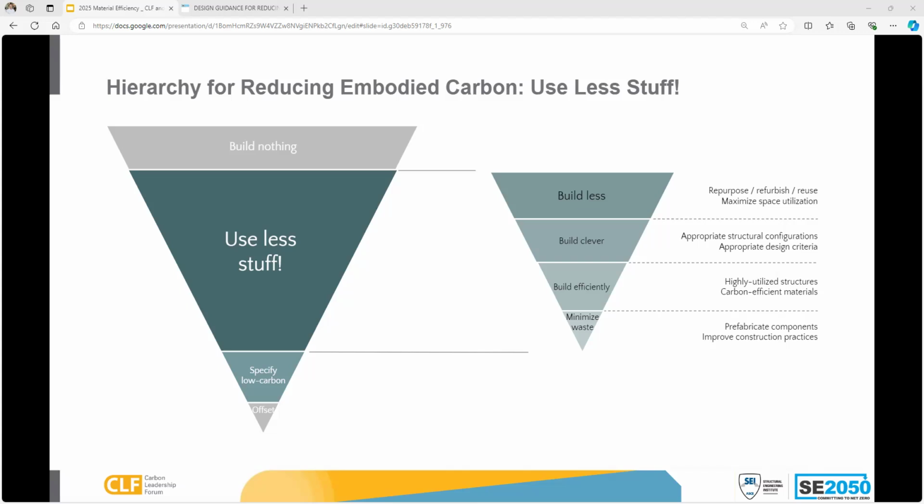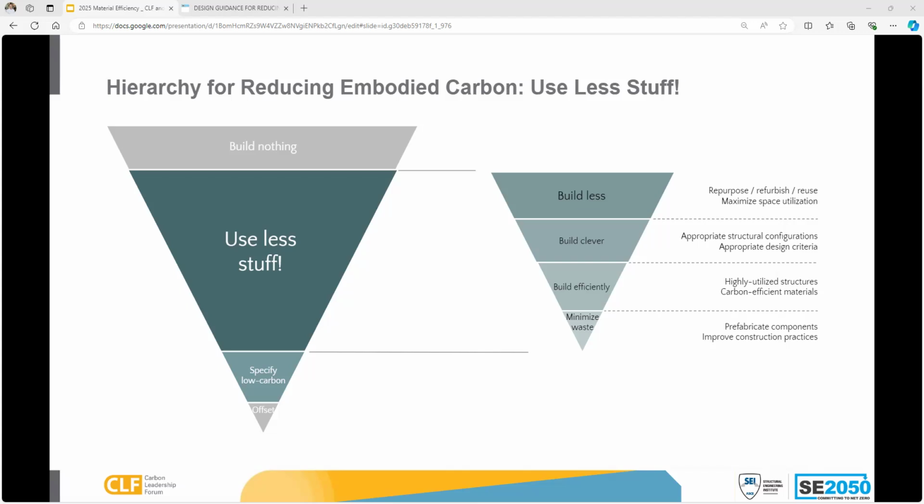Another similar analogy is with operational carbon, reducing energy demand before you slap solar panels on your roof and do jazzy ways to generate the energy more efficiently. So for structures, reduce the amount of stuff you need before you focus on how to make the stuff as efficiently as you can from a carbon standpoint.